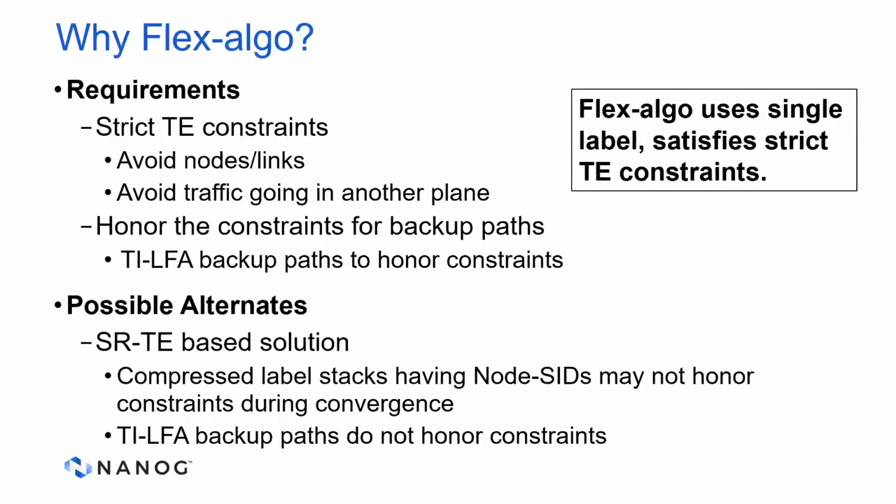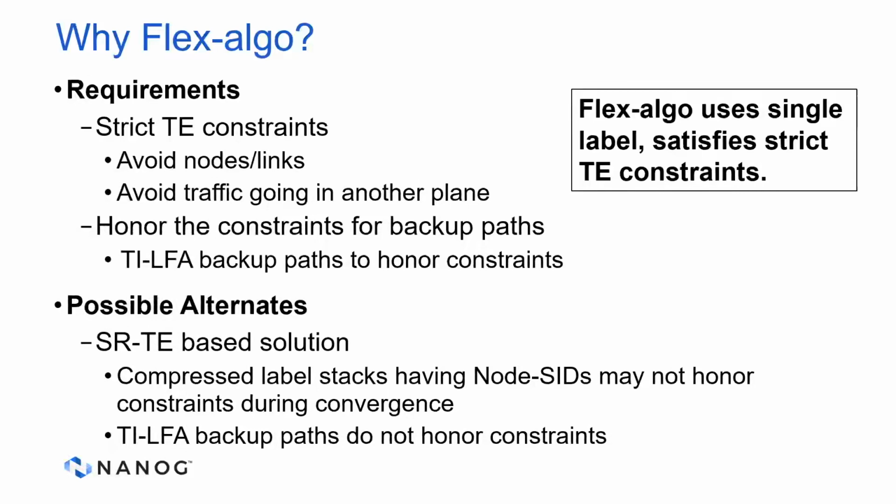So why is FlexAlgo different, or why is there a need for another way of computing constrained paths? We can look at some requirements such as very strict TE constraints, such as avoid certain nodes or links. Or there could be requirements such as avoid the traffic going in another plane. And we may also have requirements to honor these constraints for backup paths as well, such as TILFA backup paths.